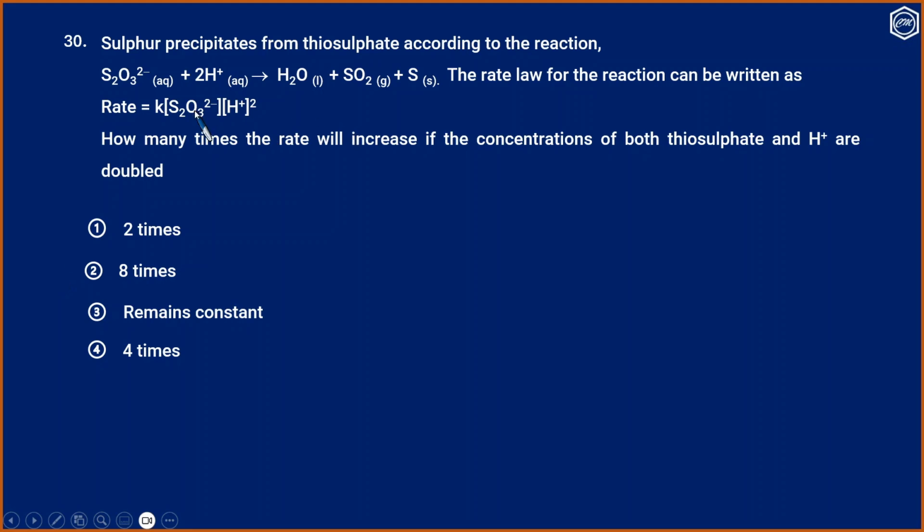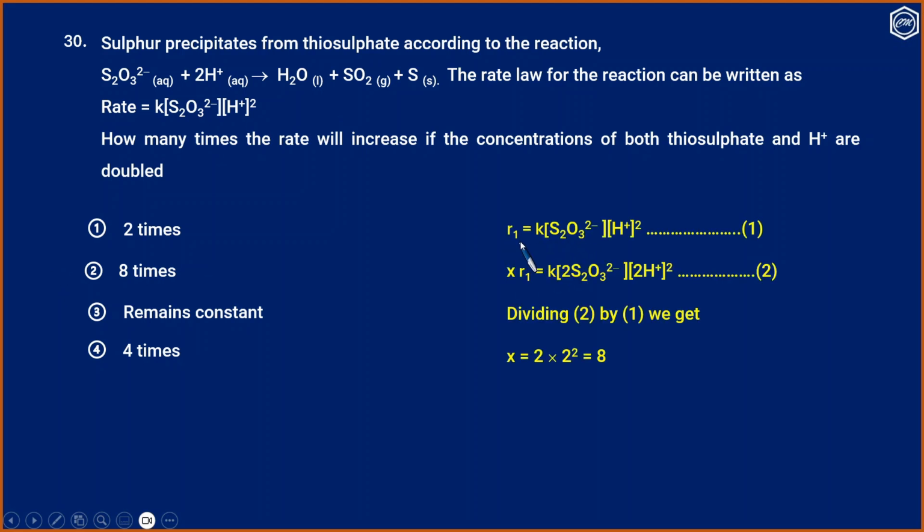The rate law for the reaction is given. So we can say the rate before doubling, that is R1 equals K into concentration of thiosulfate into concentration of H plus raised to 2, and let it be equation 1. And now we double the concentration of both. So then there should be a change in the rate, and the new rate could be written as X into R1.